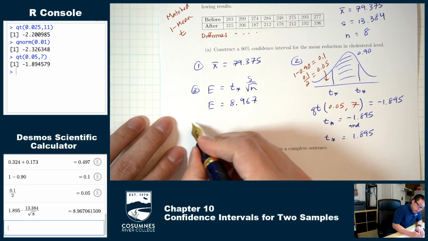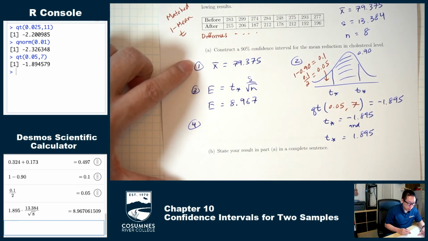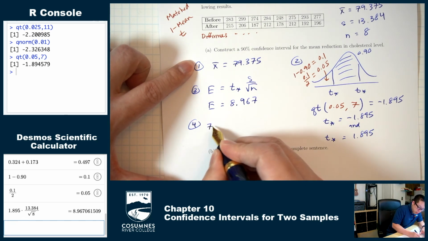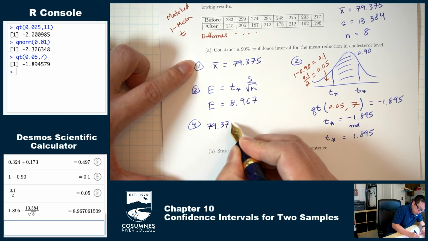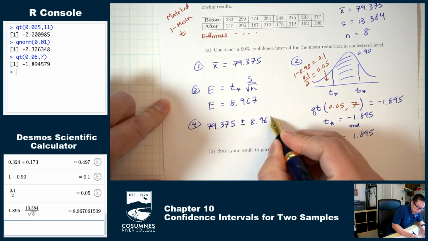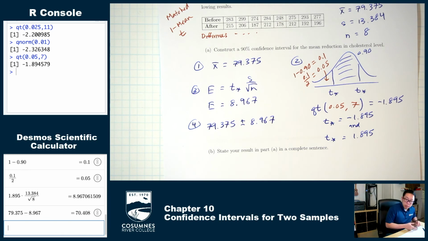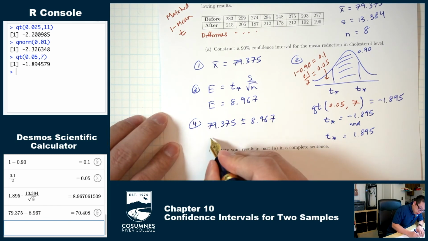And then finally, step 4, construct your confidence interval. So take your answer from step 1, 79.375, plus or minus the margin of error, plus or minus 8.967. To get my low number, subtract 79.375 minus 8.967, 70.408.